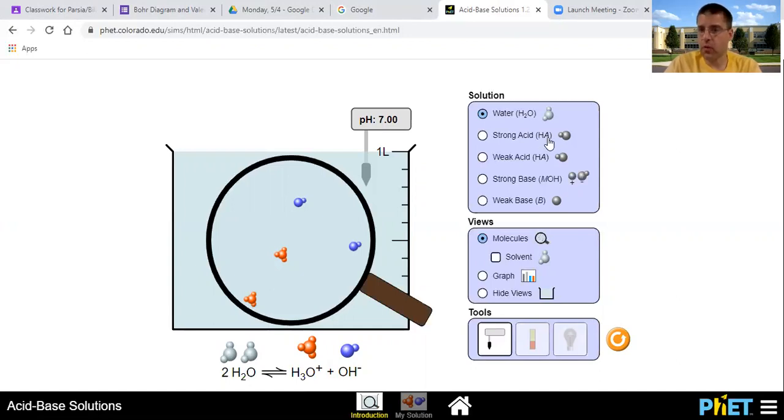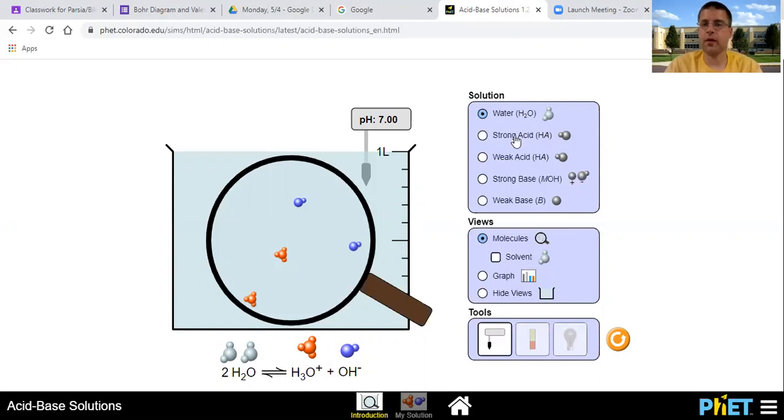So it's H with whatever anion. Does that make sense? That's what HA means. Strong acids dissociate 100% completely. Weak acids dissociate up to about 90 to 95%, not completely. Some don't dissociate at all.